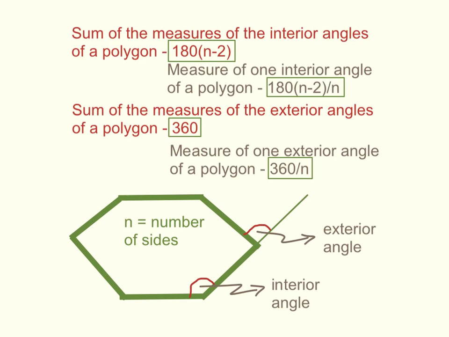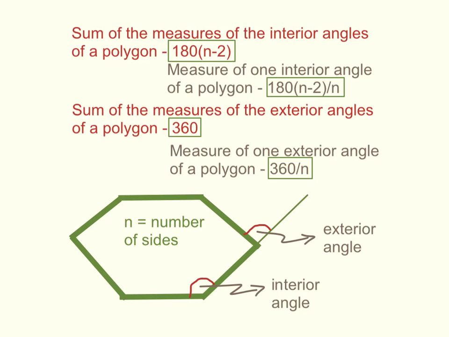Always, always, always. And the measure of one exterior angle would be 360 divided by n. If n is the number of sides, then for the hexagon, that would be divided by 6. That would mean that each of these exterior angles is 60 degrees.